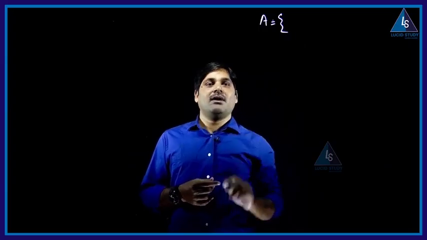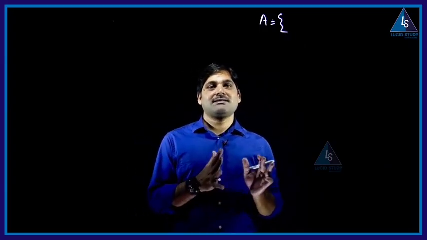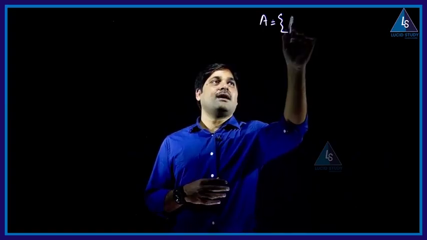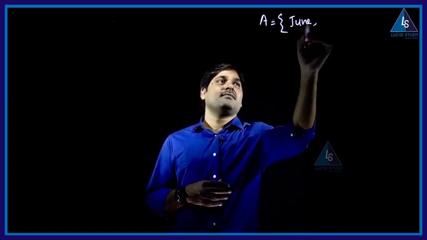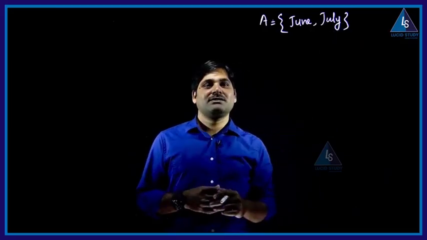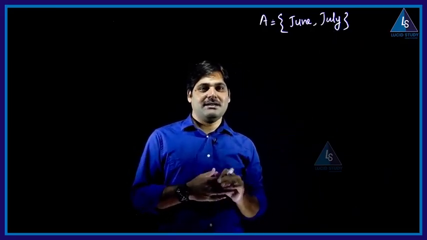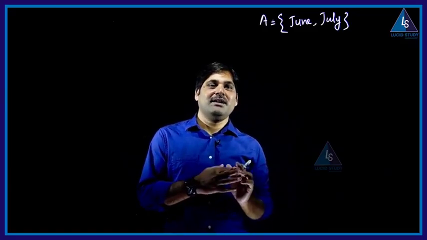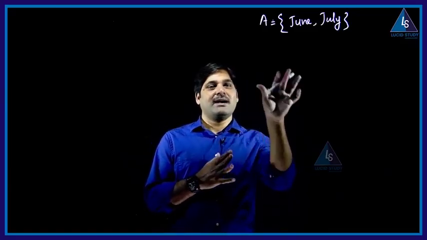So give the name to that set as A. So A is equal to the months which are starting with the letter J. Those are June and July. So these are the 2 months which are starting with the letter J. So is this a set? Yes, it will be a set because it is well defined.